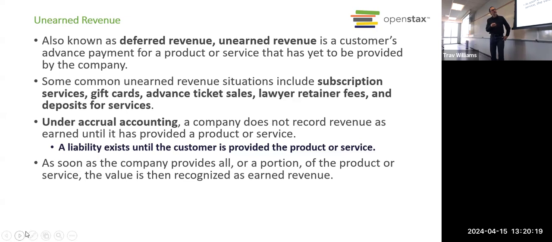If your customer signs up for a magazine subscription, they pay you before you send them every copy of the magazine, right? So if you're a publisher of a magazine and you've gotten paid by your customer, you have unearned revenue until you send them all of their magazines. Every time you send one, that's a little bit of unearned revenue that goes away and a little bit of revenue that you earn until you've sent all of them.